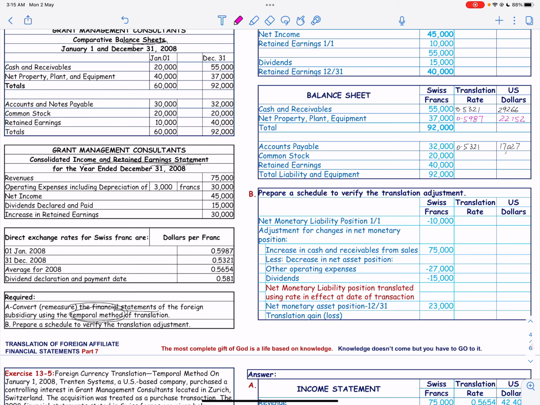To translate paid in capital, use the historical rate, or if the transaction takes place after the beginning of the year, use the subsequent date. In this exercise, we are assuming that the transaction occurred on 1st of January, so apply the historical rate.